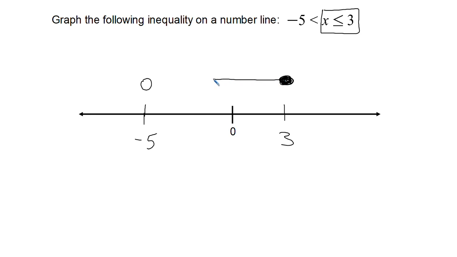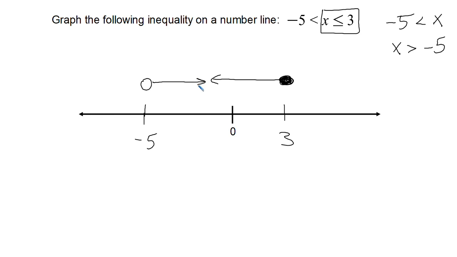Numbers less than 3 should be going this direction. Okay. If I think about -5 less than x, I could rewrite that as x greater than -5 if I just flip them around and change the inequality so that the opening is still to the x and the point is still to the -5. Now, numbers that are more than -5 should look like this.